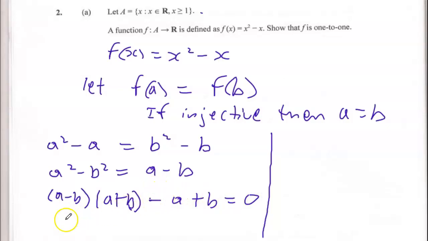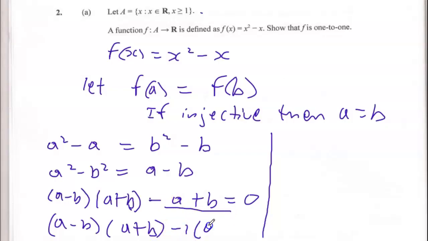So a becomes negative a, negative b becomes positive b. And we factorize, we can factor out minus 1. And in the bracket, we have a minus b equal to 0. So notice a minus b is a common factor. So we factor out a minus b. And then in the first term there, we'll be left with a plus b. And in the other term there, we'll be left with minus 1.